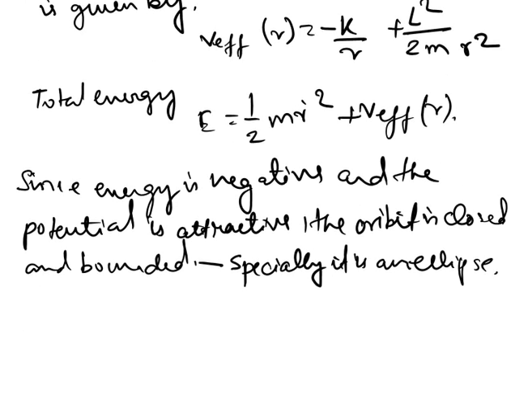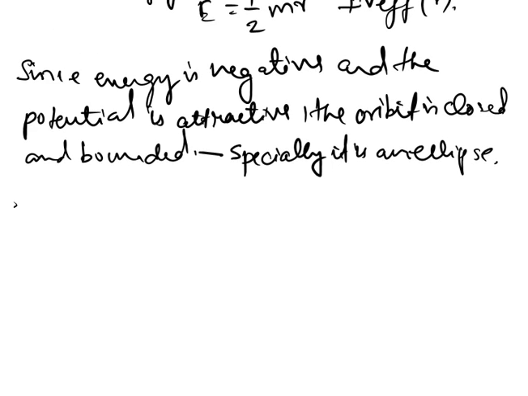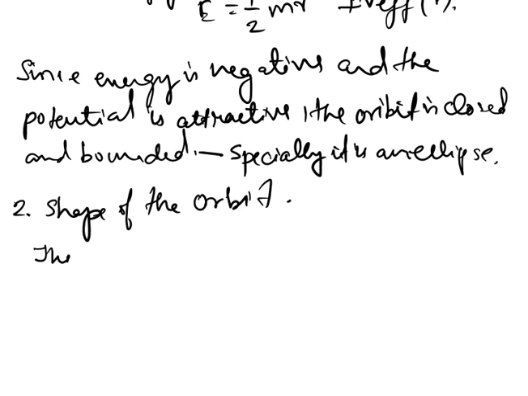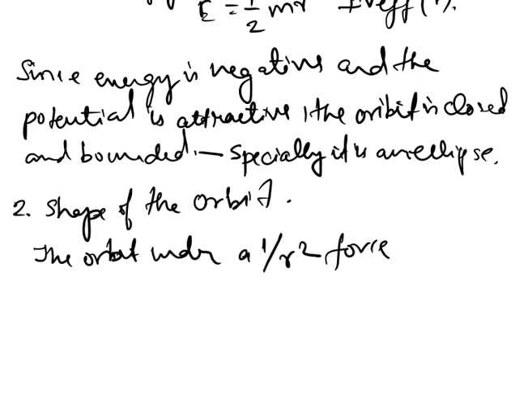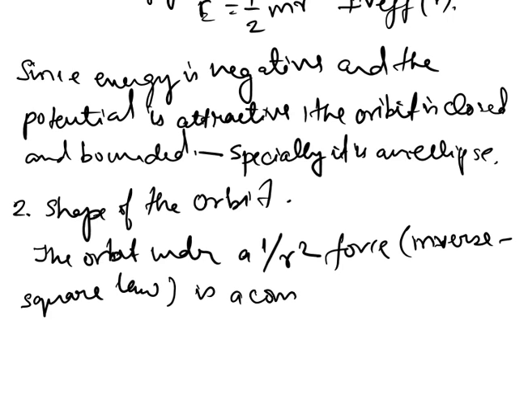Now the shape of the orbit. The orbit under a 1 by r square force, which is the inverse square law, is a conic section, right?